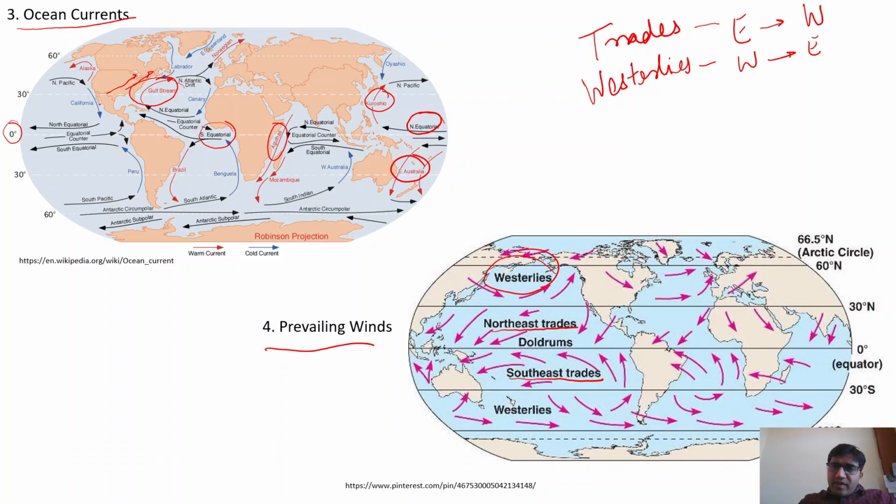Then we have these polar easterlies over here. So all these are cold winds. The polar easterlies over here impact these currents like the Greenland current. Of course, these westerlies are also an important wind for the movement of the ACC, Antarctic Circumpolar Current, which is also known as west wind drift. So we can see here that the prevailing winds are also the reasons for the movement of ocean currents.